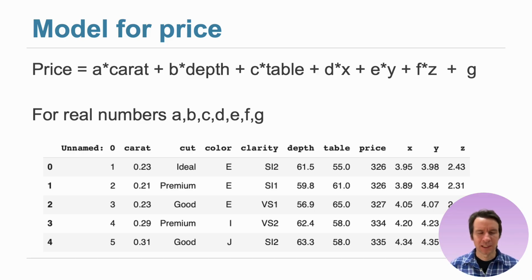I am trying to say that the price depends on the carat, depth, table, x, y, z, and maybe there is some offset G. So the question is, can you find these A, B, C, D, E, F, G, or what's the best way to find these real numbers? We are trying to write it as a linear combination in a way.